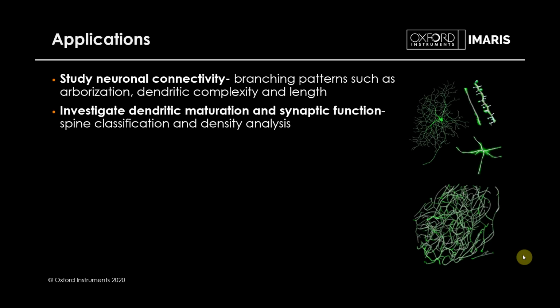Further on in developmental neuroscience, as well as if we're studying learning and memory formation or Alzheimer's disease specifically, we would be really interested in investigating the dendritic maturation and synaptic functions. And the best indicators there are spine morphology and density.